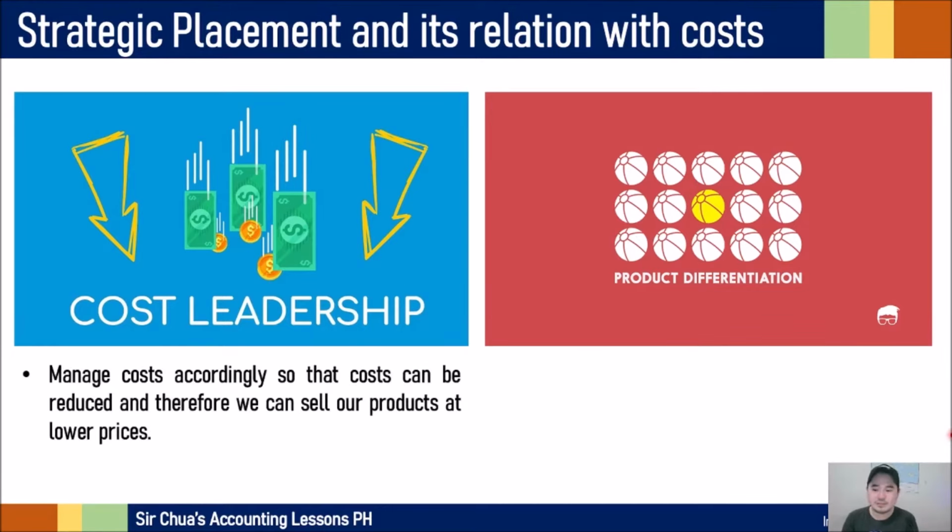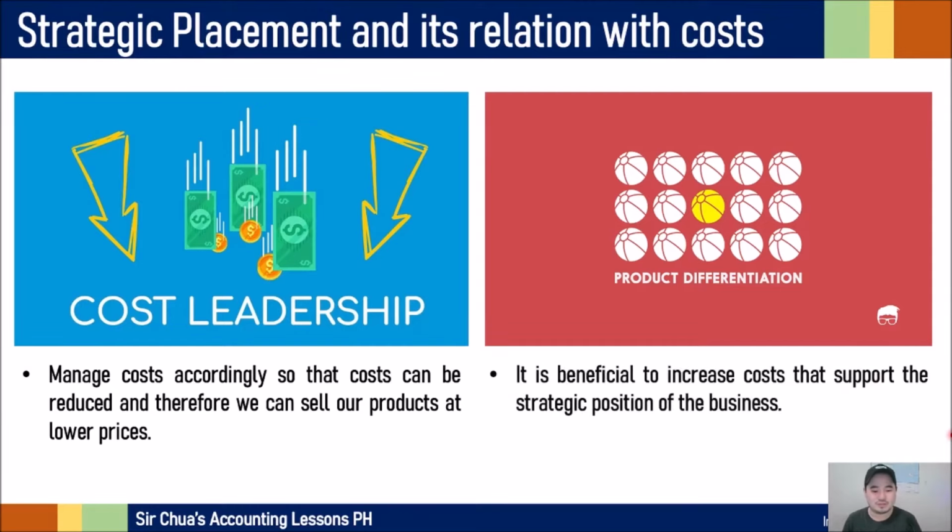In cost leadership, you manage costs accordingly so that cost can be reduced and therefore we can sell our products at lower prices. And then kapag ka product differentiation, dito po pumapasok na it's beneficial for an entity to increase its cost of production if it will support the strategic position of the business.